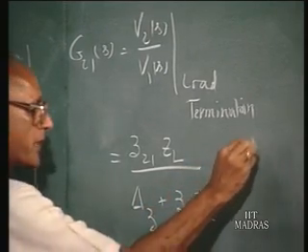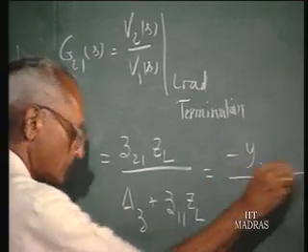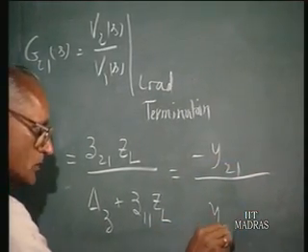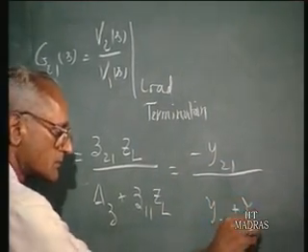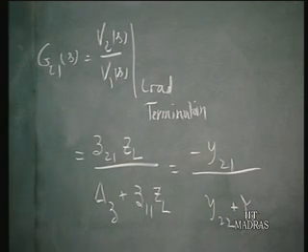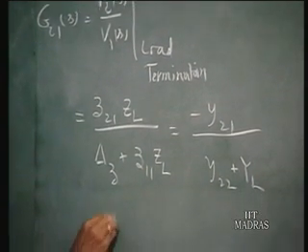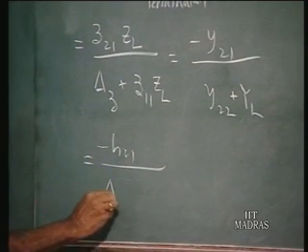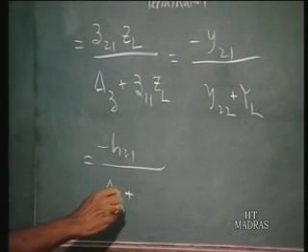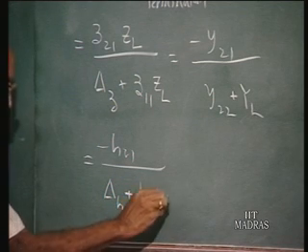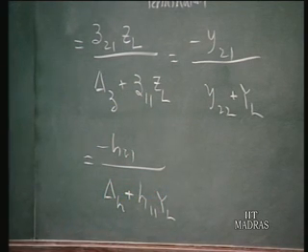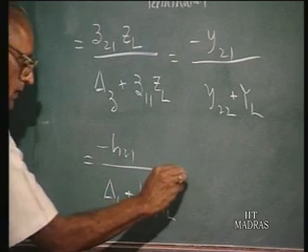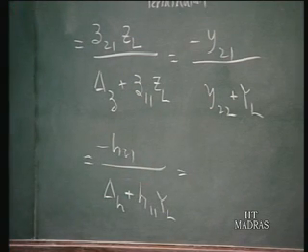It can also be shown to be minus Y21 over Y22 plus YL. You can also show this to be equal to minus h21 over delta h plus h11 YL. These are all straightforward relations which can be obtained by simple manipulation of these various equations.